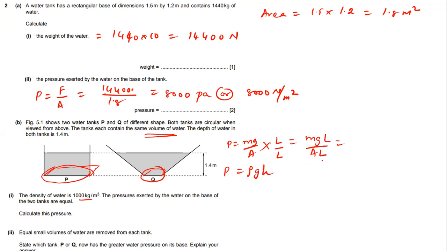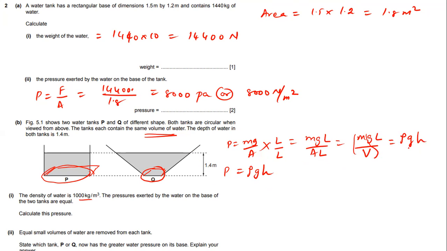Volume. Right? I can now write this as mgL divided by volume. And then I will join this m by V. What does m by V tell you? Mass by volume gives you density, gravity, and this L is nothing but the height that I have used here.